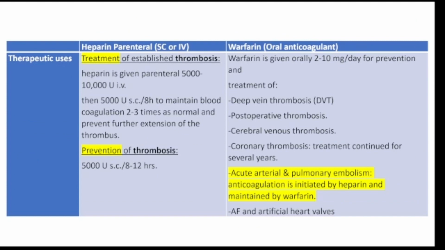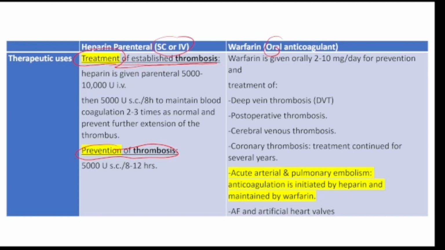Okay, treatment. We use heparin for treatment of established thrombosis, so you can see here we use it for treatment. We also use it for prevention of thrombosis. On the other hand, warfarin is oral, heparin is subcutaneous or IV.